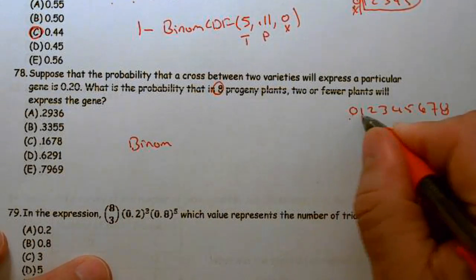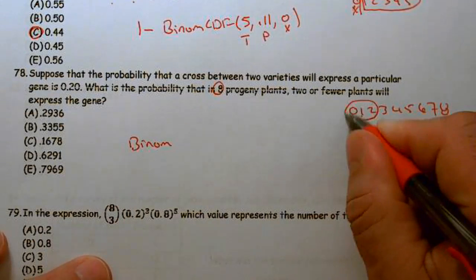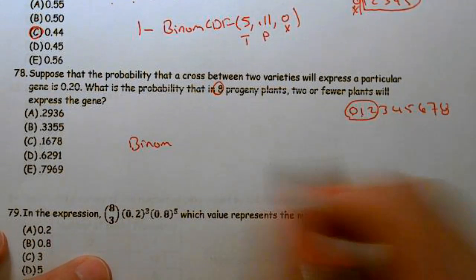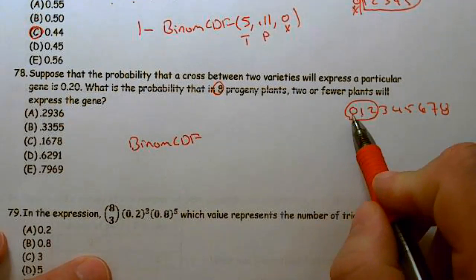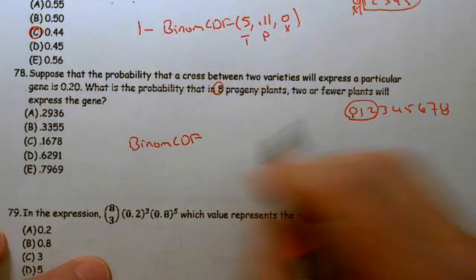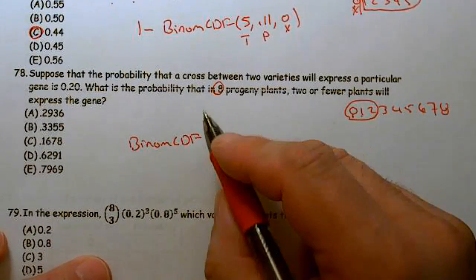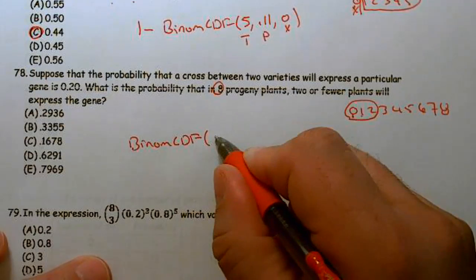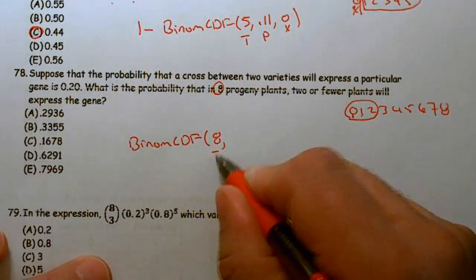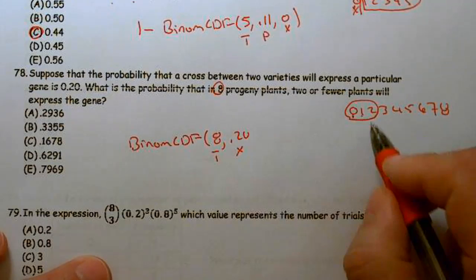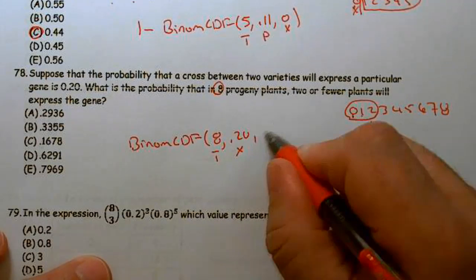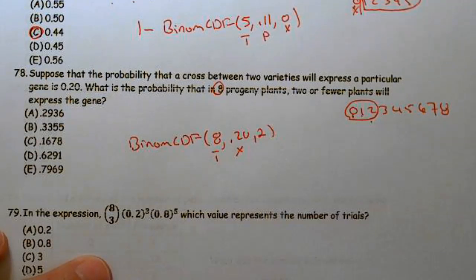That means 0, 1, or 2. All right, I have more than one value circled, so it's a CDF. I have 0 circled, so it's not a 1 minus. And my trials is 8. My probability is 0.2. And the highest value of interest is 2.